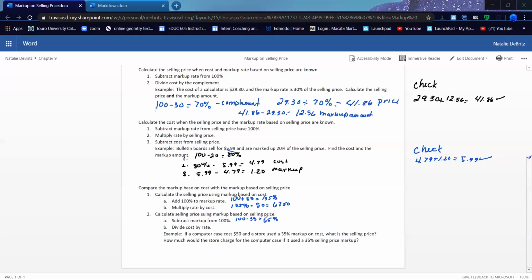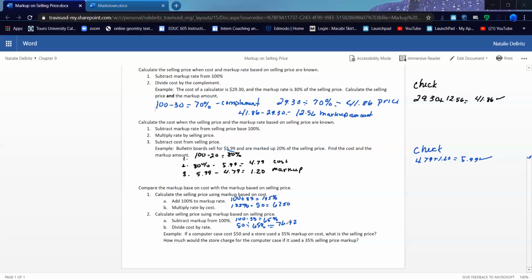And then I'm going to take the cost, which is $50, and I'm going to divide it by the rate, which is 65%. And that's going to give me $76.92.